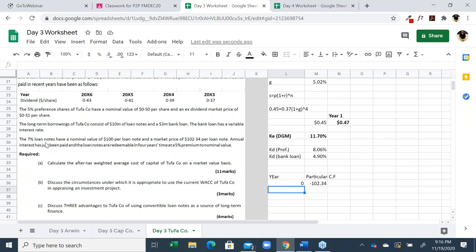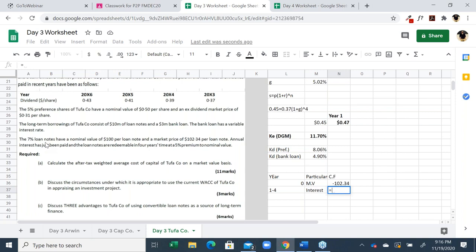The interest, right? From year 1 to year 4. Market value, that was market value. Now we are talking about interest. So the interest is 7%, right?